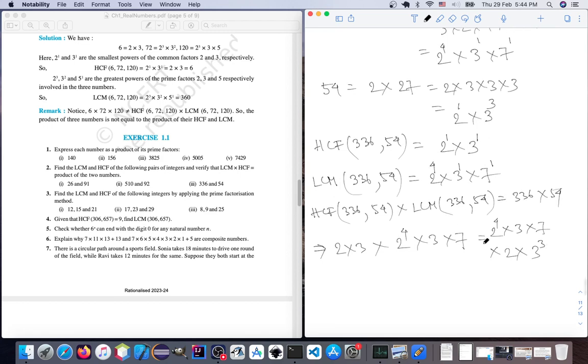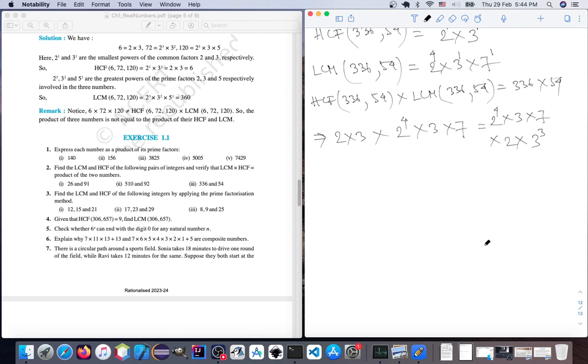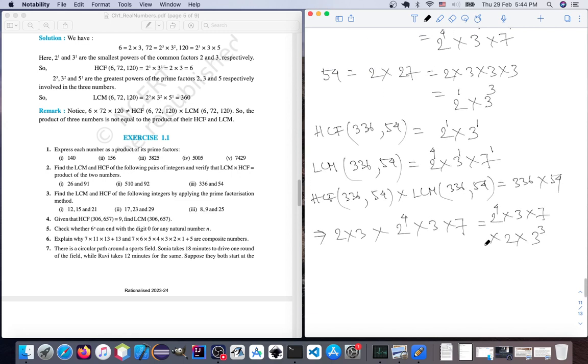So, we need to check whether the left hand side is equal to the right hand side or not. In the left hand side, we have 2 to the power 5. Also, in the right hand side, we have 2 to the power 5. In the left hand side, we have 3 square. But on the right hand side, we have 3 to the power 4. So, something wrong we must have done.